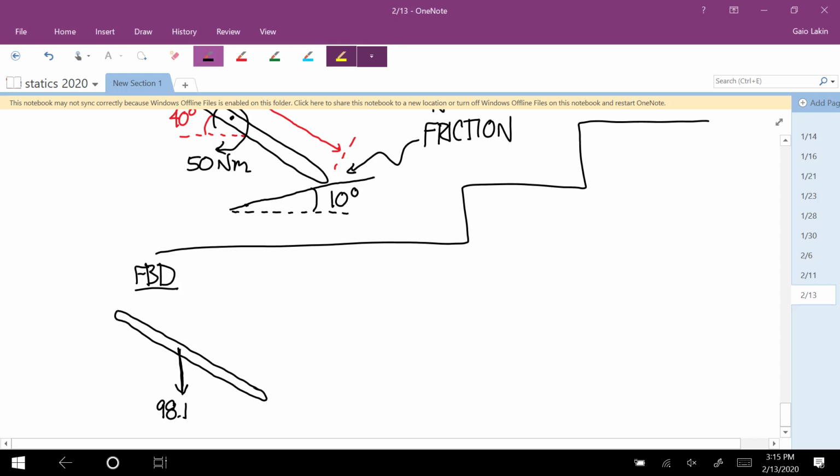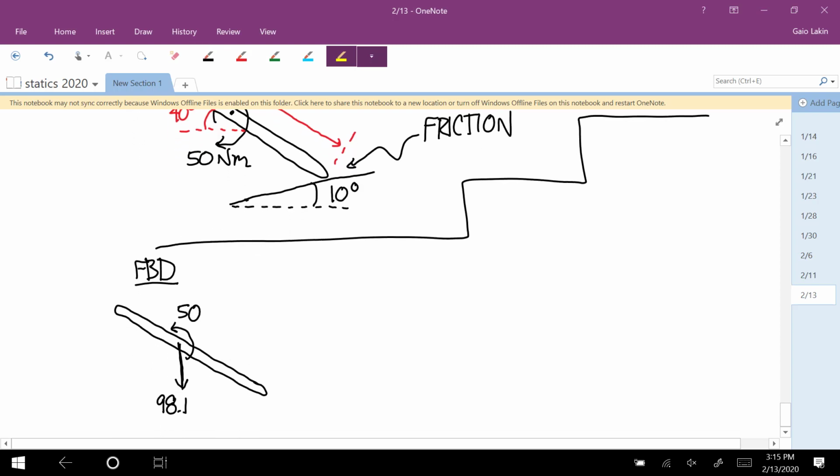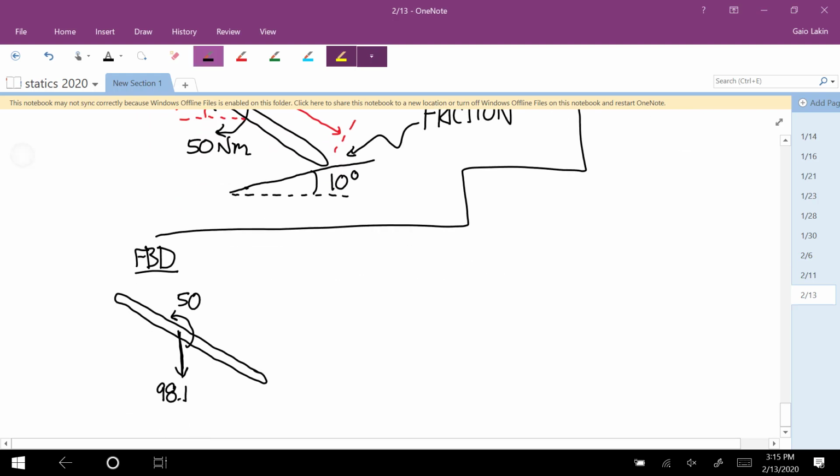And then we have the couple of 50. And we have the unknown force vector from the pin. So I'll call that RA, I guess. Doesn't matter what you call it.